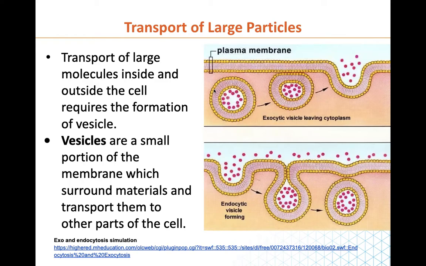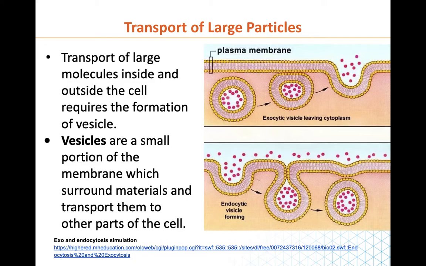This thing is called a vesicle. It goes to the cell membrane and it starts to fuse into the cell membrane. And as it fuses, the cell membrane basically adopts this part of the membrane and this part opens and the material is released. And then this is called exocytosis, meaning things are exiting the cell. That's why it's called exocytosis.